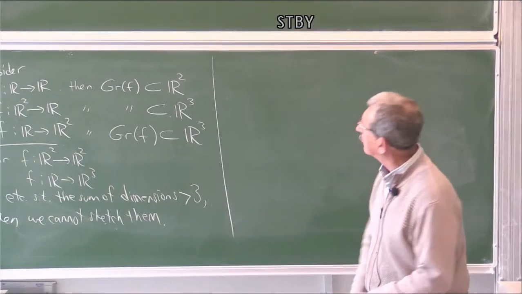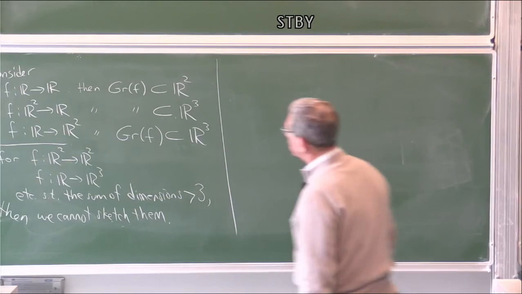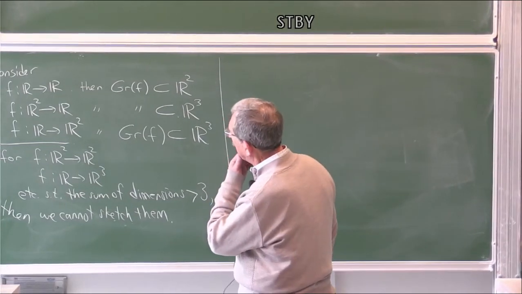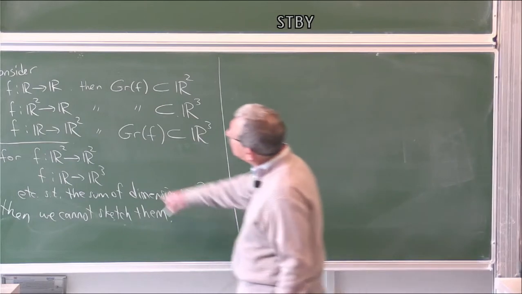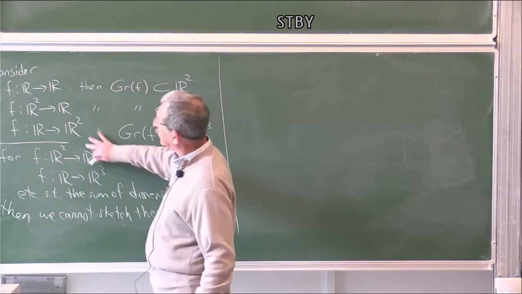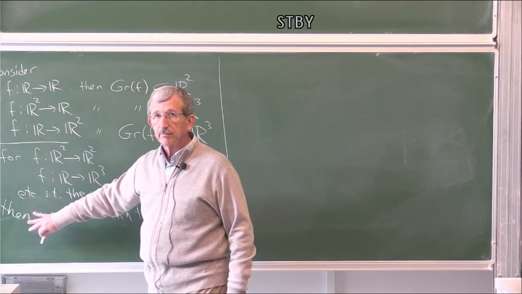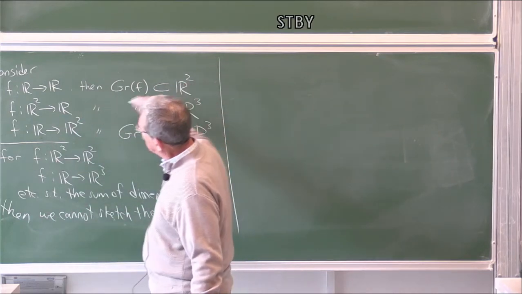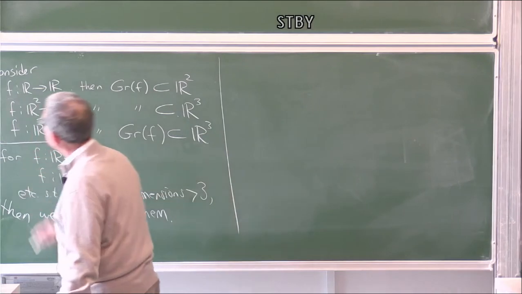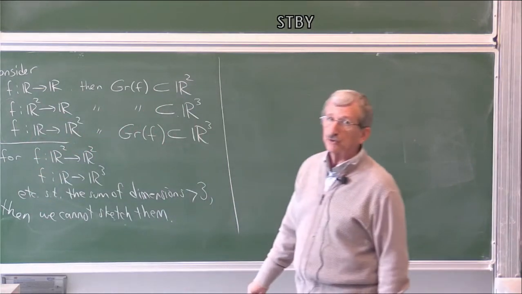So we cannot sketch 4-dimensional things. We will not bother about these things because we cannot sketch them. We already considered the first case, so we have only 2 cases remaining, which we can sketch.